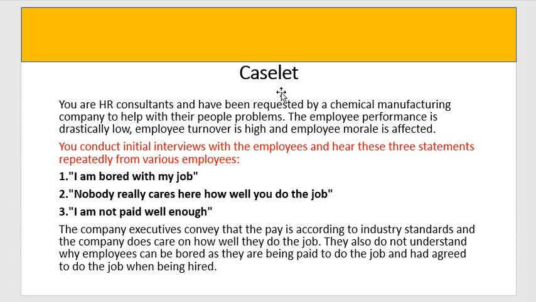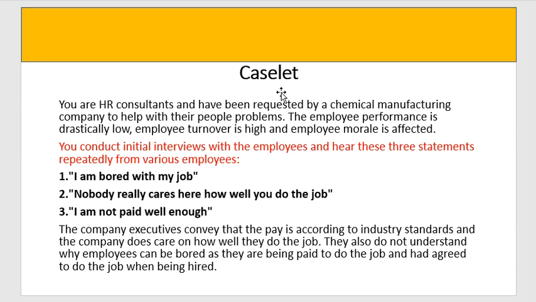So if there is a lack of equity between person A and person B who are doing the same jobs but getting different salaries, people will, even though they are paid high, feel that they are not paid enough. So this lack of equity is also brought about because of the lack of HRM systems in the company.